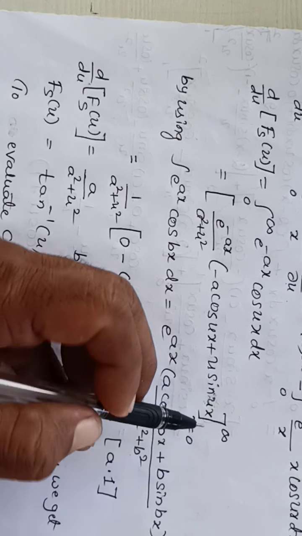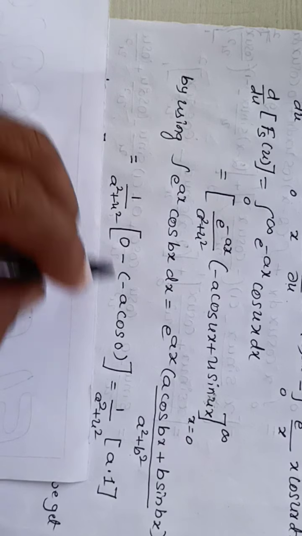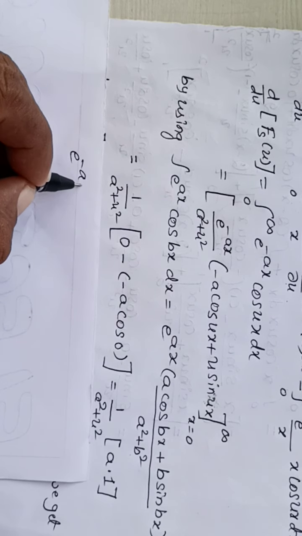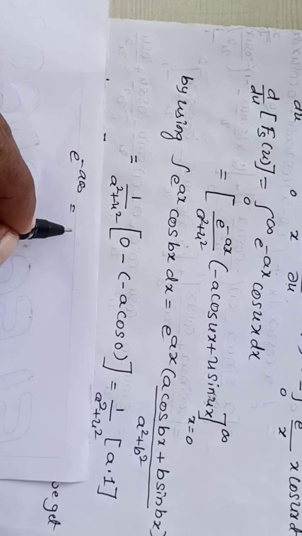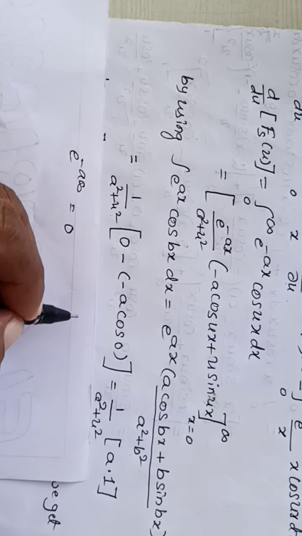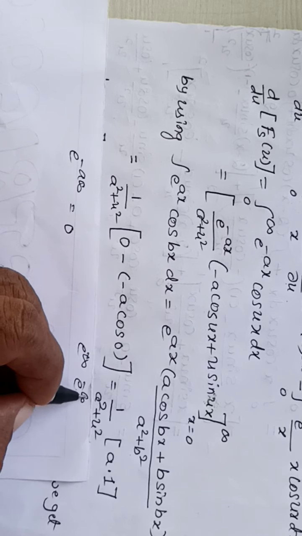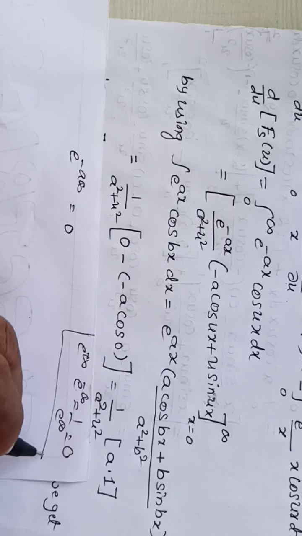Insert the limit infinity: e raised to minus a infinity is 0, because e raised to minus infinity is 1 upon e raised to infinity, which is again 0.